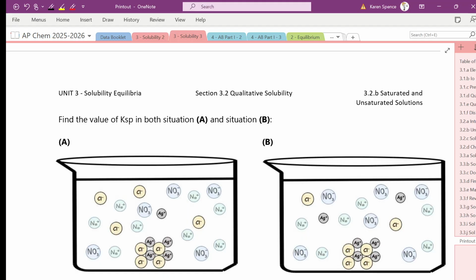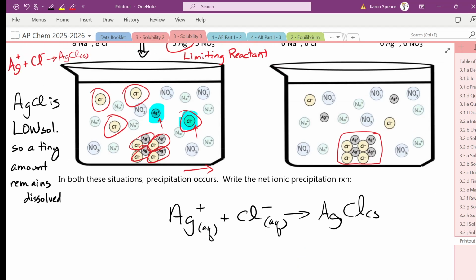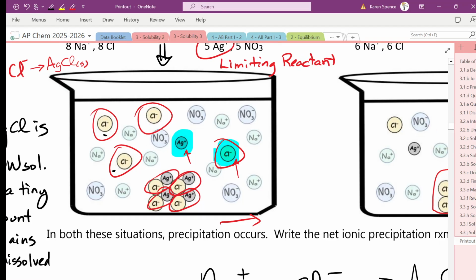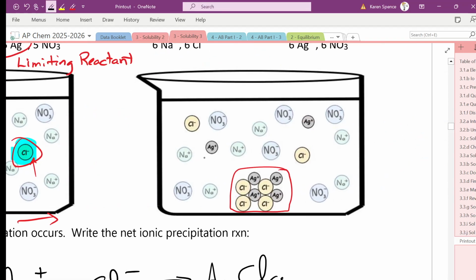Now we're going to calculate the KSP in situation A and situation B. Remember, back up here, we had 1 silver chloride, but we also had 3 extra chlorides. Over here, we had a silver and a chloride, and we had a silver and a chloride still undissolved.